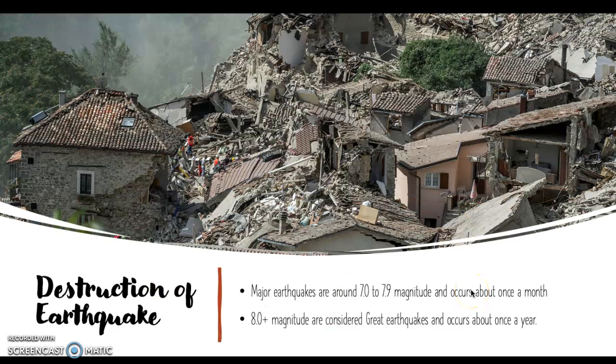Destruction of earthquakes. Major earthquakes are around 7.0 to 7.9 magnitude, and that occurs about once a month. And 8.0 plus magnitudes are considered great earthquakes, and those occur about once a year.